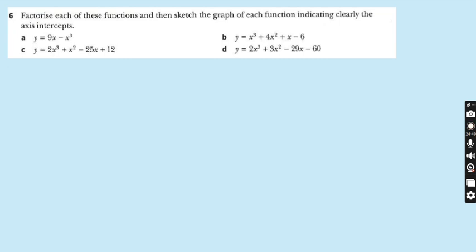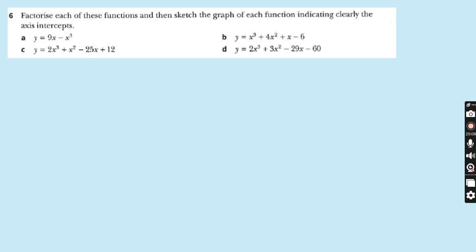Factorize each of these functions and then sketch the graph of each function. Indicate clearly the axis intercepts. These are 100% the same questions, just like question number 3, question number 4, question number 5.